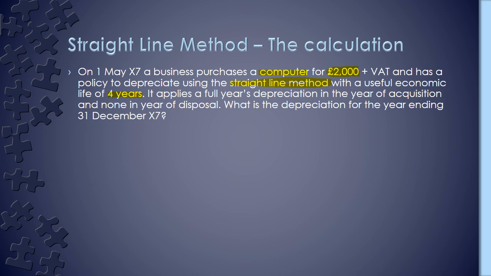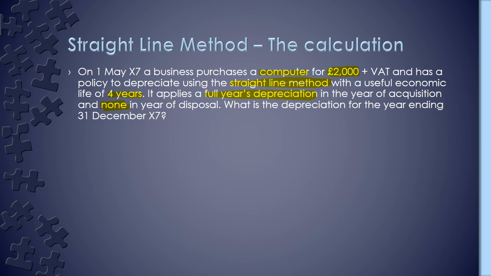But then we're told that it applies a full year's depreciation in the year of acquisition, so the year we purchase it, and none in the year of disposal. What is the depreciation for the year ending 31st of December 2017?